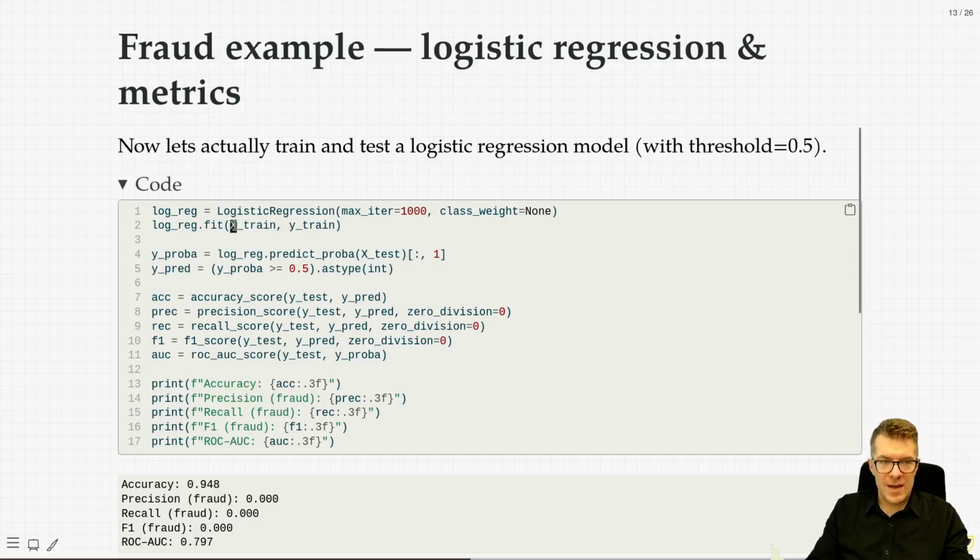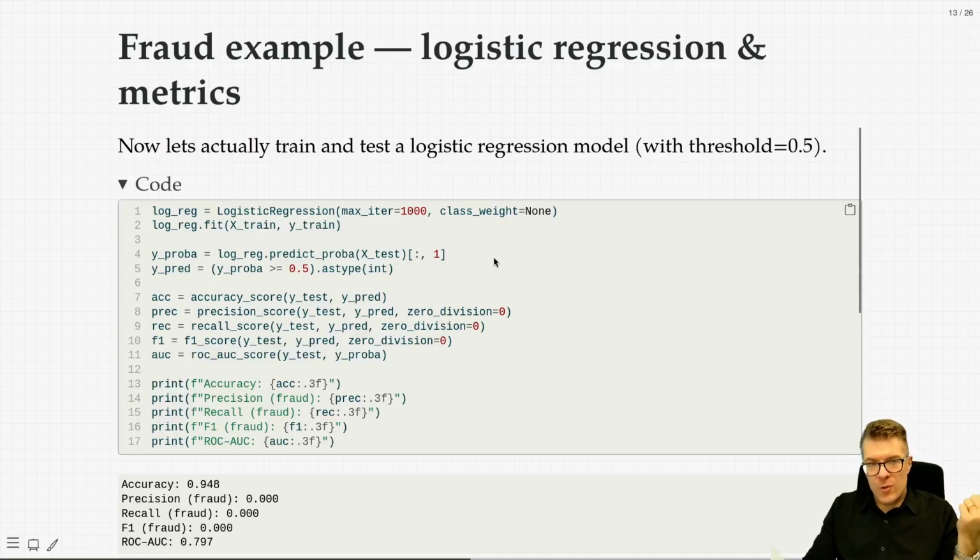In this case, input training data X and output training data Y. However it does it, it fits these two quantities to each other. When I say however it does it, what I mean is that a logistic regression will fit its parameters in one way, a neural network will fit them in another way, and so on. But this is all hidden from you by this one command, fit. Okay, so now we have a model that's been actually trained on the data that we obtained. It actually cares somewhat about the hour of the day, the trustworthiness of the device, the international nature of the transaction, and so on.